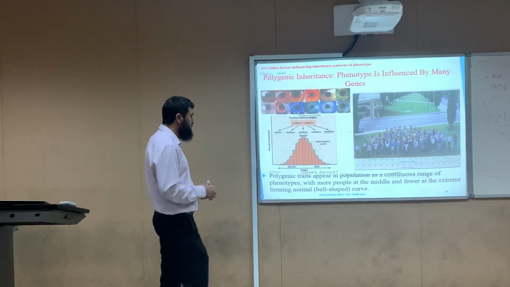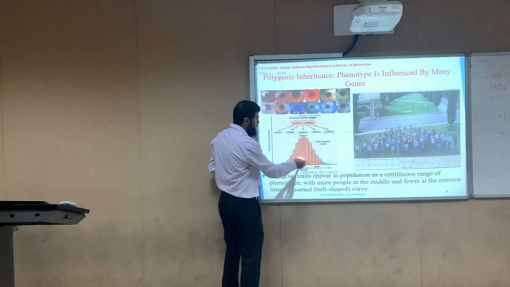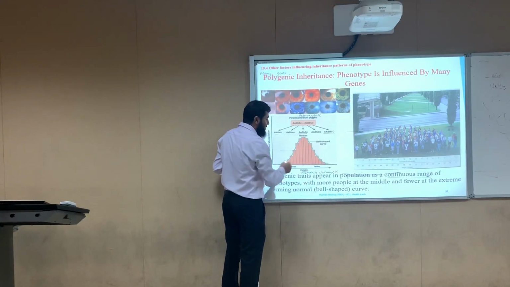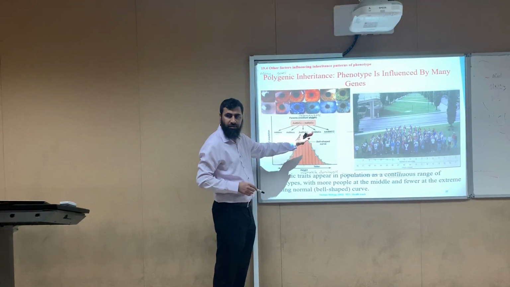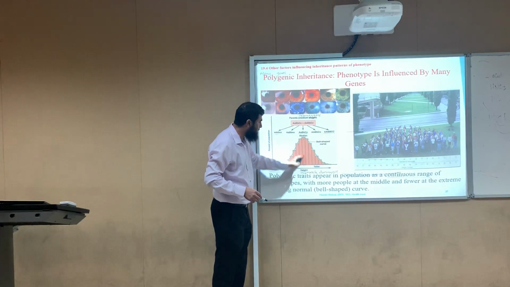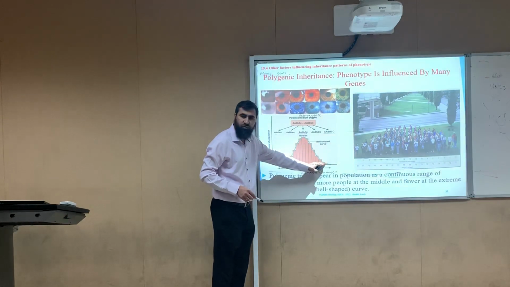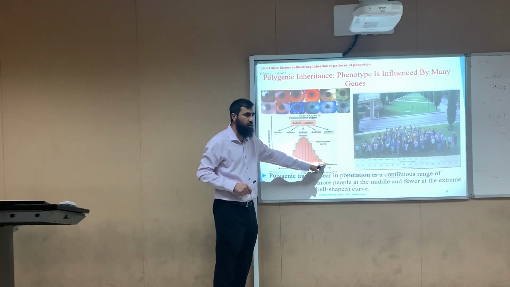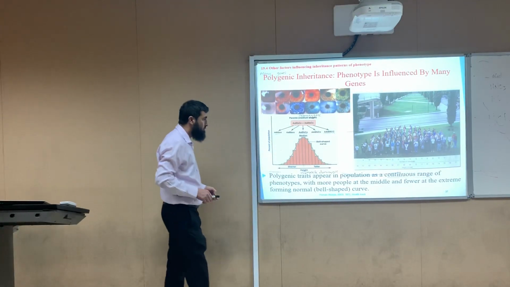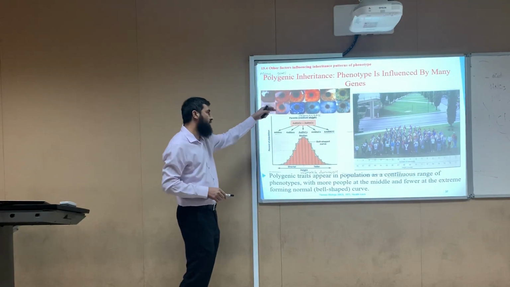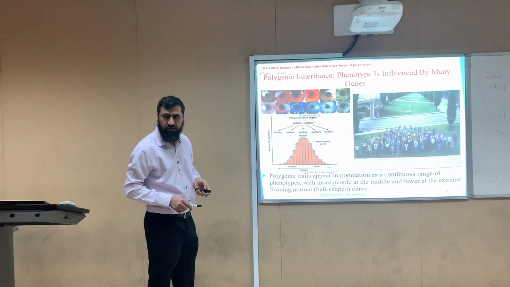Most of the people we see here are in the middle. It follows the normal distribution, as in maths. Most people are of medium height. There are very few people who are very tall and very few who are very short, okay? It's the same with eye color or skin color.